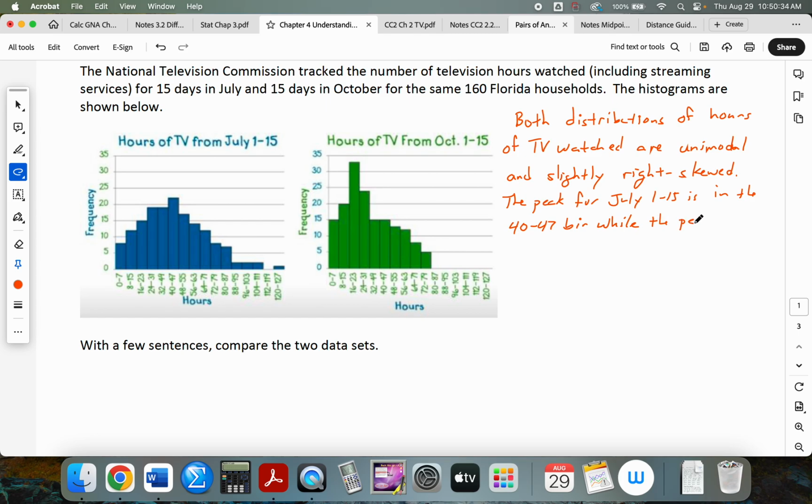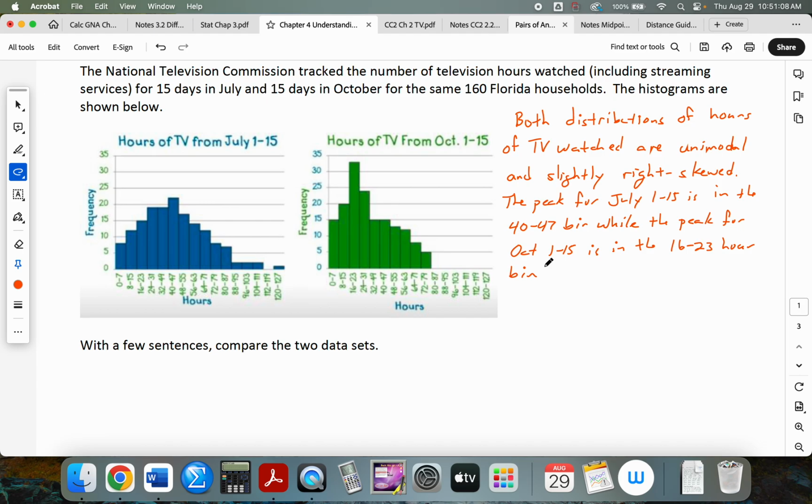While the peak for October 1 to 15 is in the, is it 16 to 23 hour bin. So that gives you a pretty good idea of the shape.